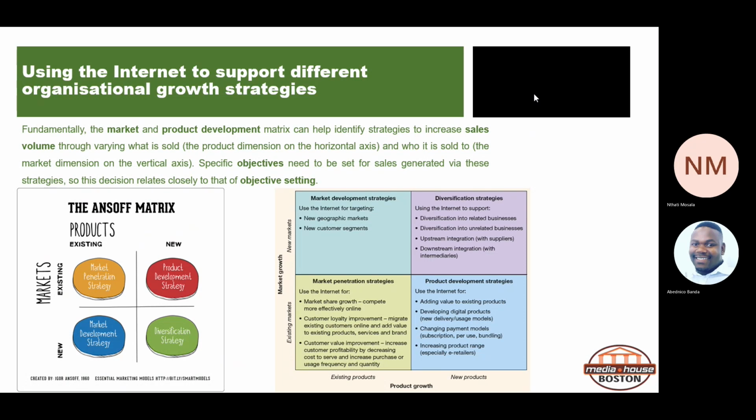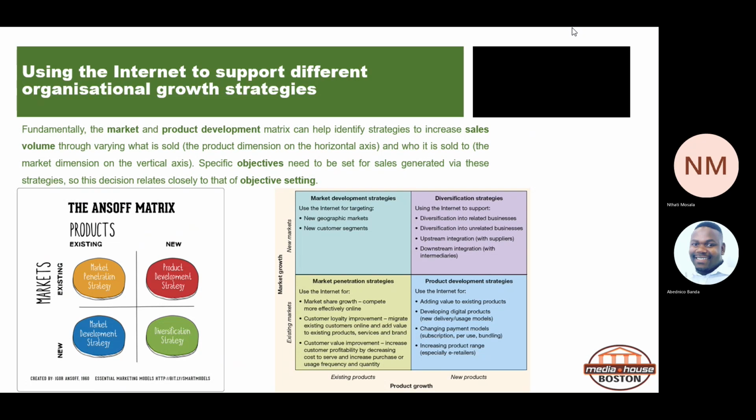The diagram on the right, I think it is in your textbook. So fundamentally, the market and product development matrix can help identify strategies to increase sales volume through varying what is sold, the product on the horizontal axis, and who it is sold to, the market dimension on the vertical axis.